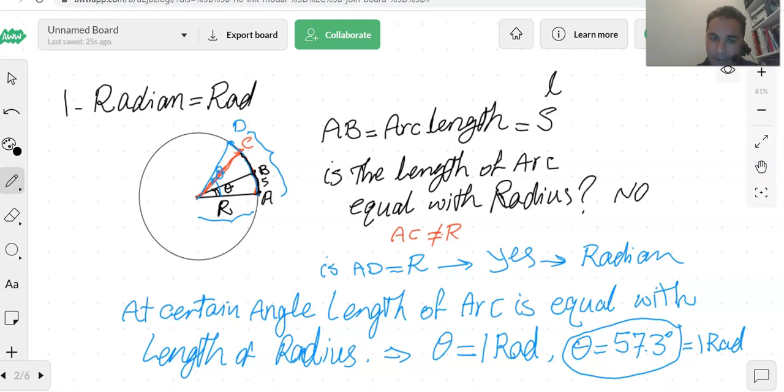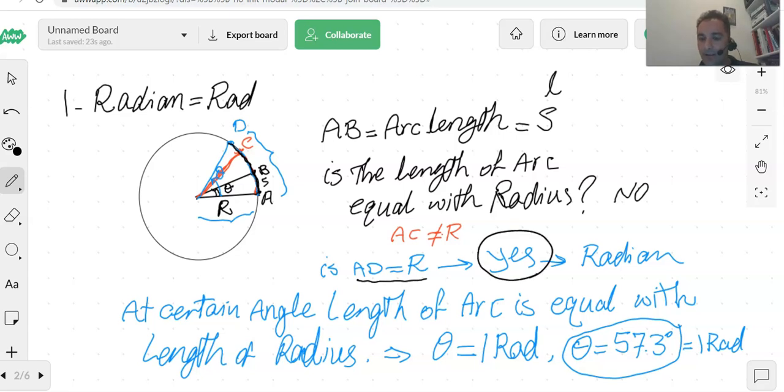Let me go a little higher, to point D, from A to D. Is the radius equal to the arc AD? This is 25 millimeters, and this one is 25 millimeters too. Therefore the answer is yes, AD is equal to R.